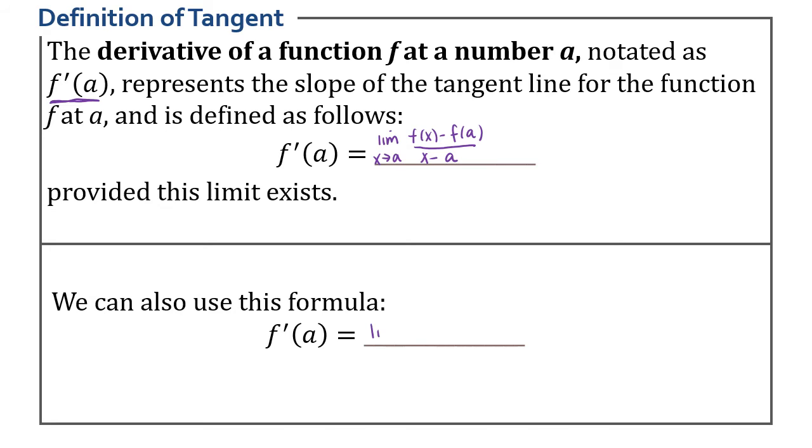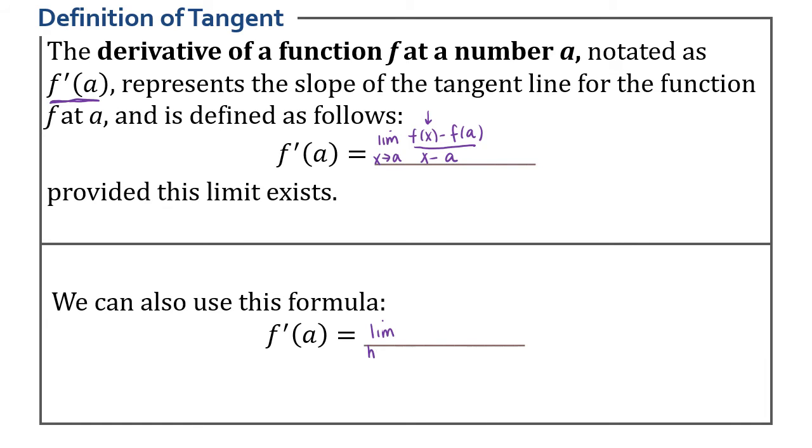Recall when we were doing this, we started looking at values where this second point, which we use to find that slope of the tangent, was getting closer and closer to a. We defined that as a plus h, so h was how far away we were from that initial value.